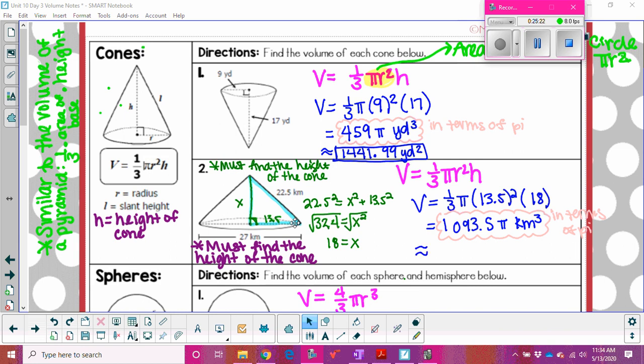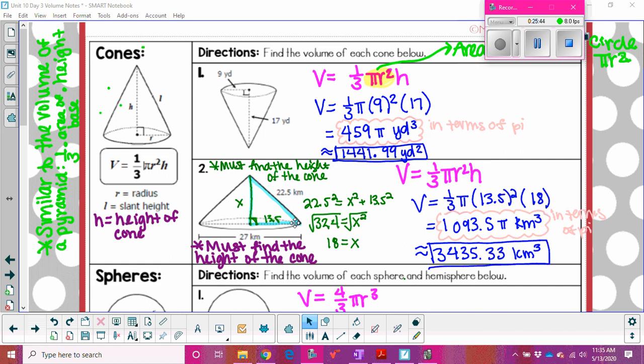All right, so in your calculator, multiply those two numbers together, 1093.5 times pi, and you should get 3,435.33 cubic kilometers.